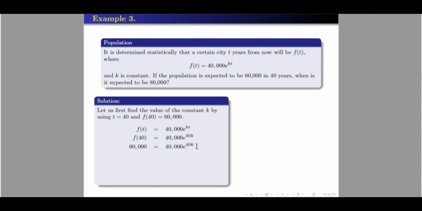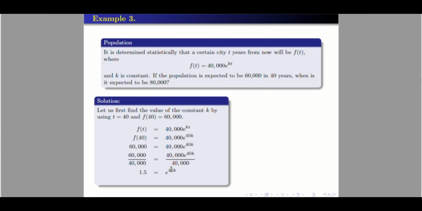Then divide both sides by 40,000. 60,000 divided by 40,000 is 1.5. And then here we are left with e raised to 40k.